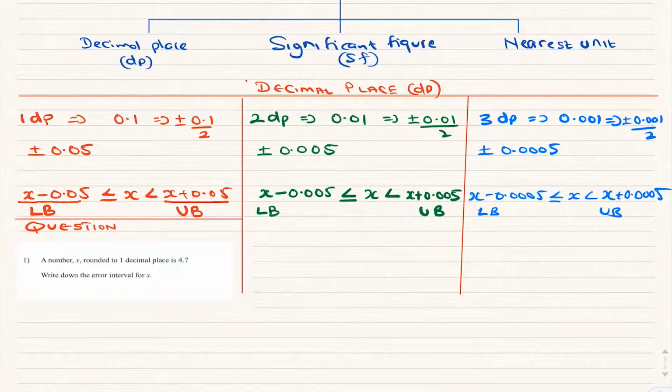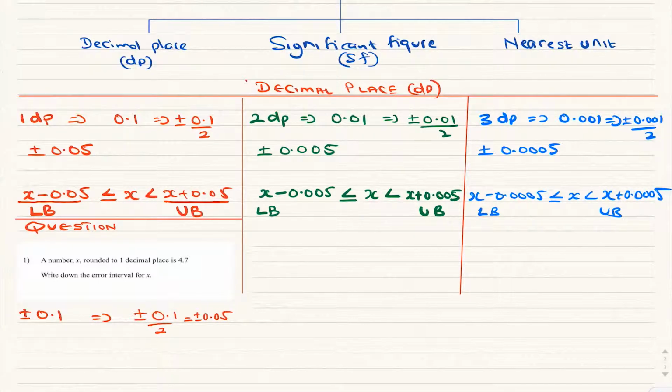Okay, example question. A number x rounded to 1 decimal place is 4.7. Write down the error interval for x. In this case, it's 1 decimal place, therefore we use plus or minus 0.1 for the bound, and we have to divide that by 2, so that will give you plus or minus 0.1 over 2, which will become plus or minus 0.05.